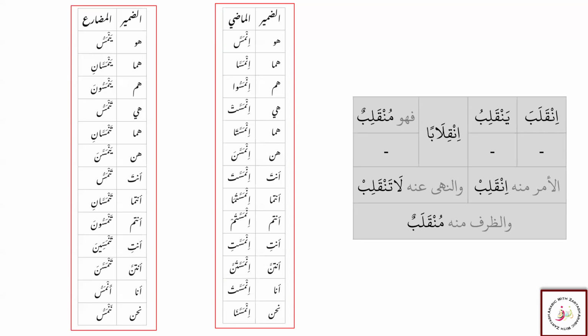Then we have hiya tanmassu, huma tanmassani. Then we have hunna, yanmasisna. Here again there is a typo. Here we are going to say yanmasasna, yanmasisna. Then we have again anta tanmassu.